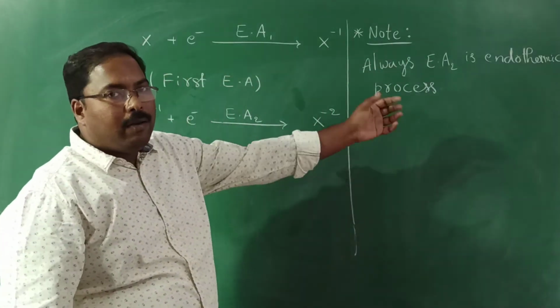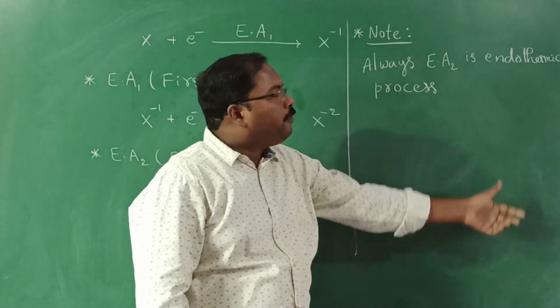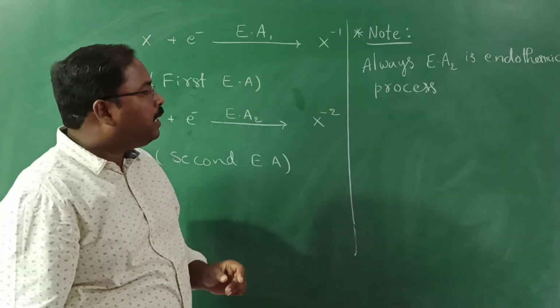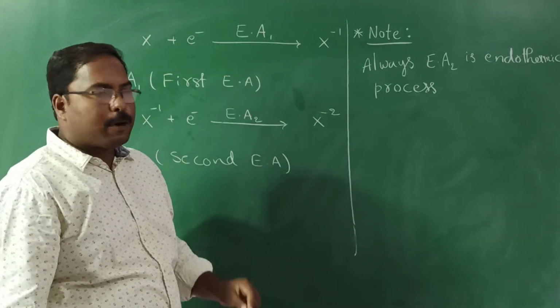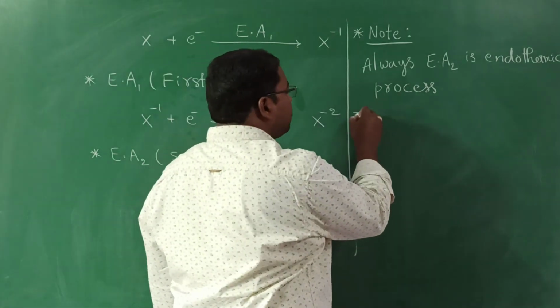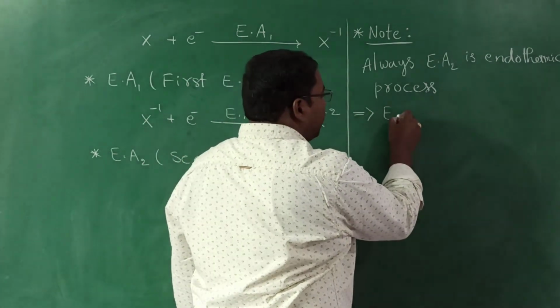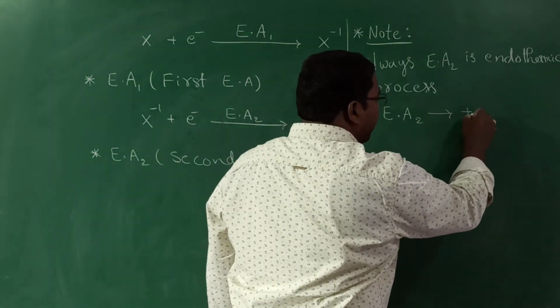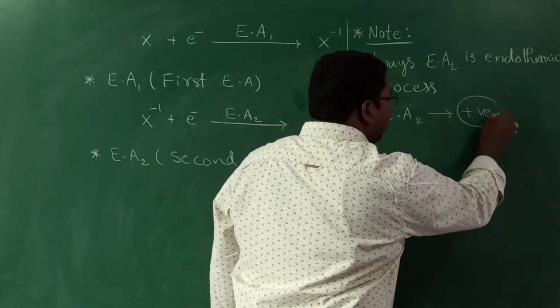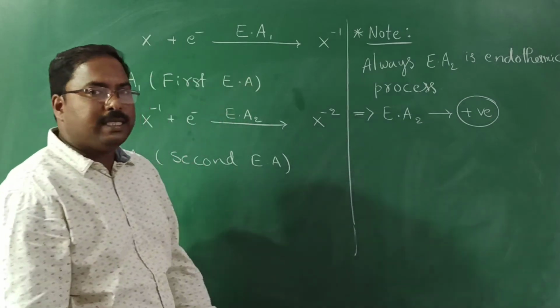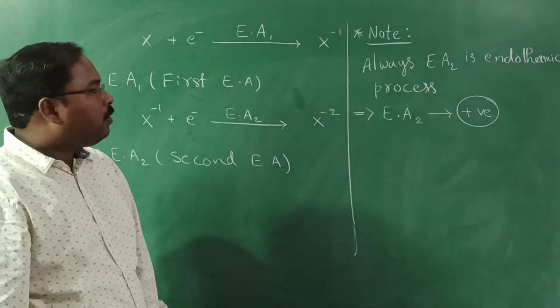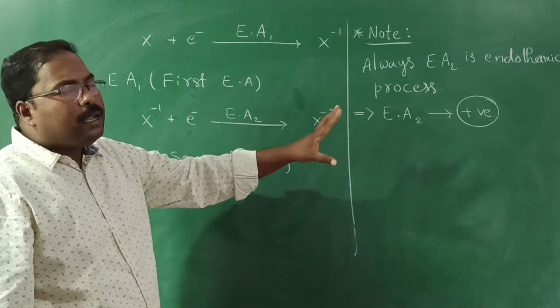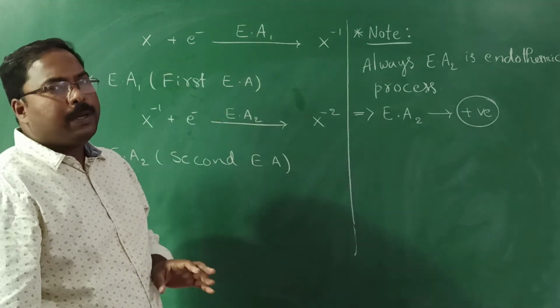Always, the second electron affinity for any element is an endothermic process. Endothermic means the value should be represented as a positive value. No doubt at all, it is always endothermic.